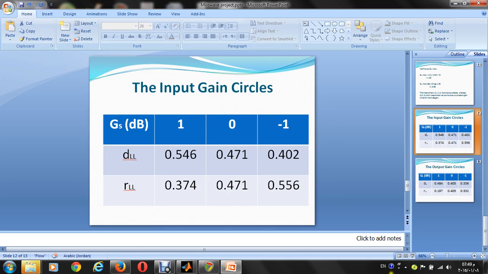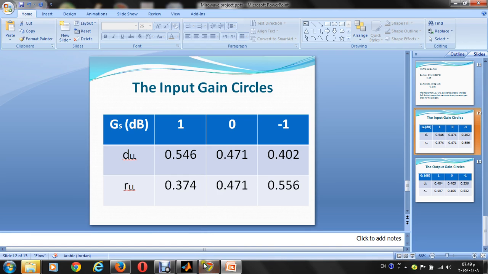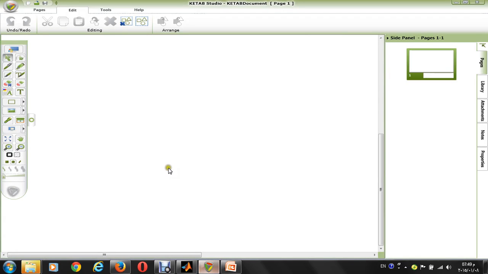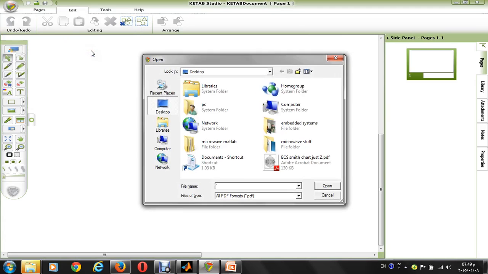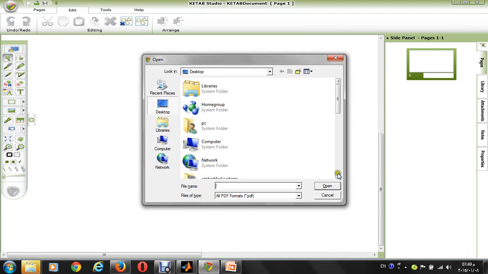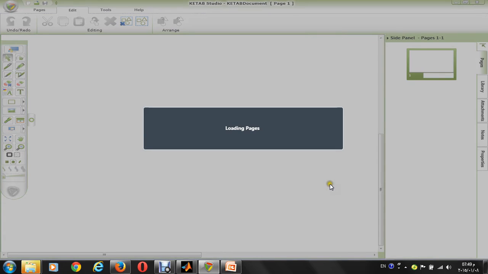Now, let's go to Ketab. I will use the Ketab program, import the Smith chart. We click here on import from PDF, and I want this Smith chart.